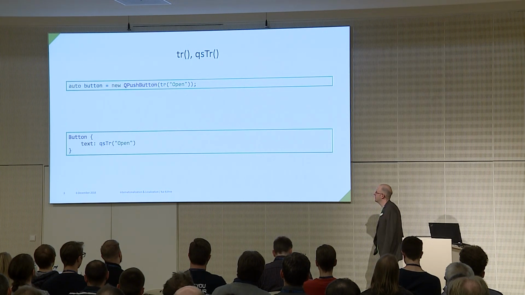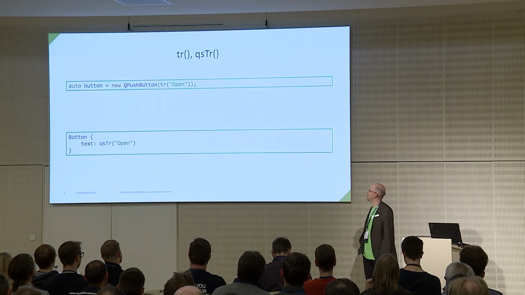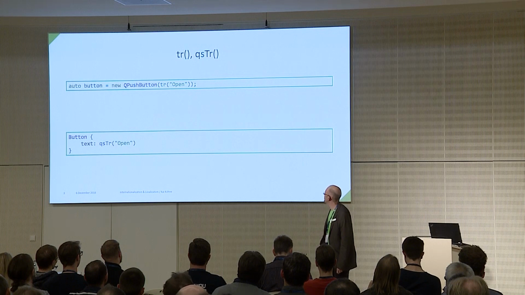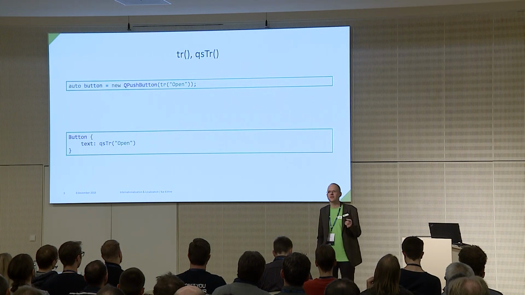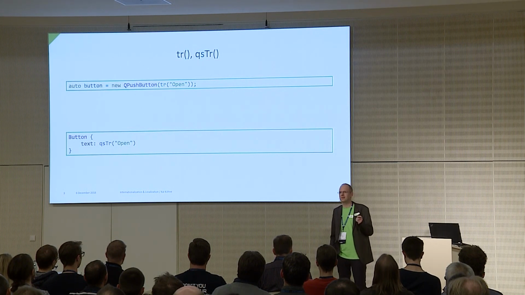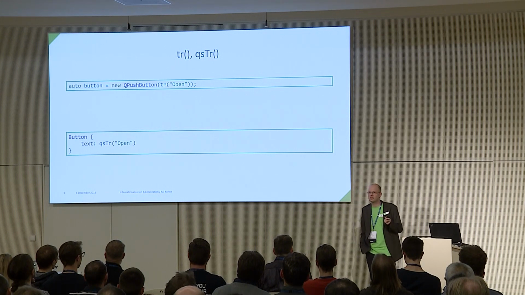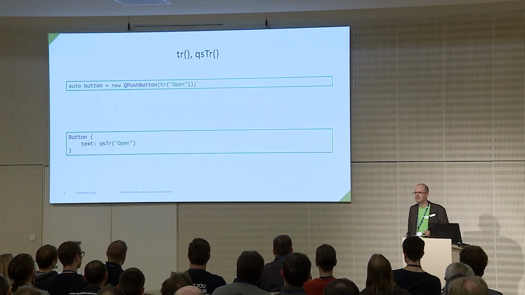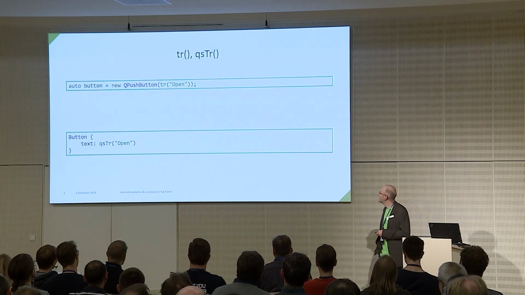So far, so good. That works for C++, and in QML it's qsTr, but basically it's the same. But there are some things to know about tr. For instance, in C++, do you know where tr is actually defined? Is it a macro? Is it a function? Where is the definition? QObject? Thanks for saying that.